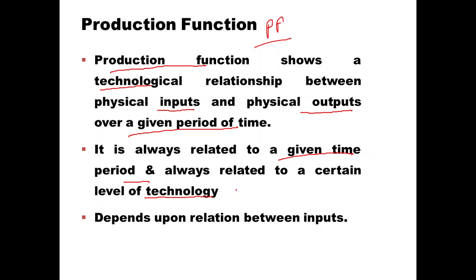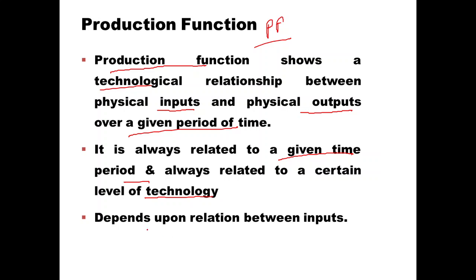If it is a short period, you cannot change the fixed factor, but if it is a long period, you can change all the factors, and all factors become variable factors. Similarly, if you change the technology, the labor and machine relation changes, and so does the production function.